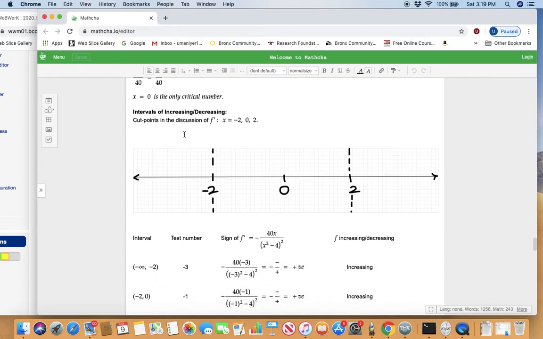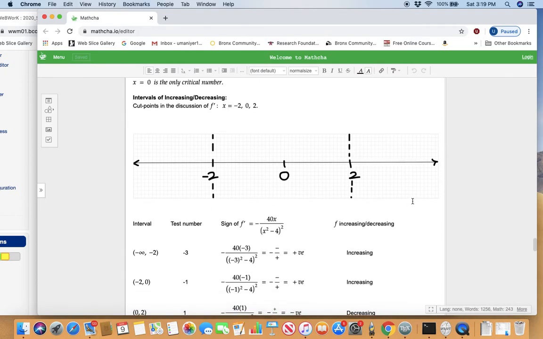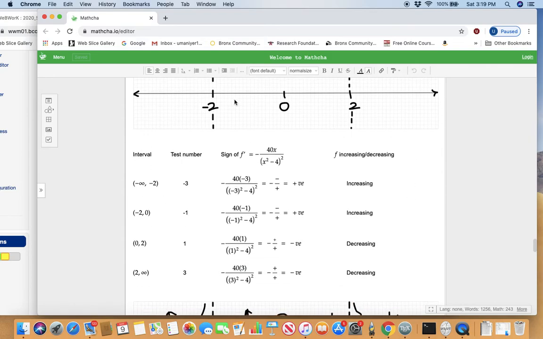Once I have the critical number 0, I use negative 2 and 2 as cut points. They are the points where my function was undefined. So that gives me how many intervals? 4. 1, 2, 3, 4. In each of these intervals, I choose a test number.